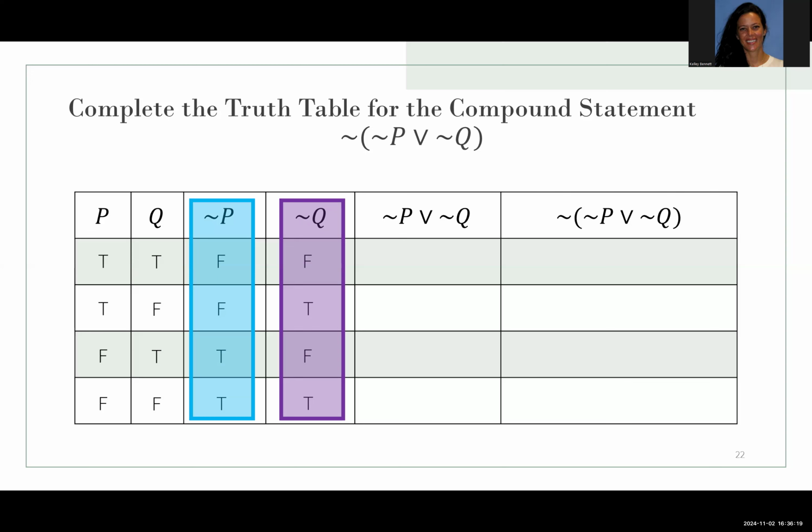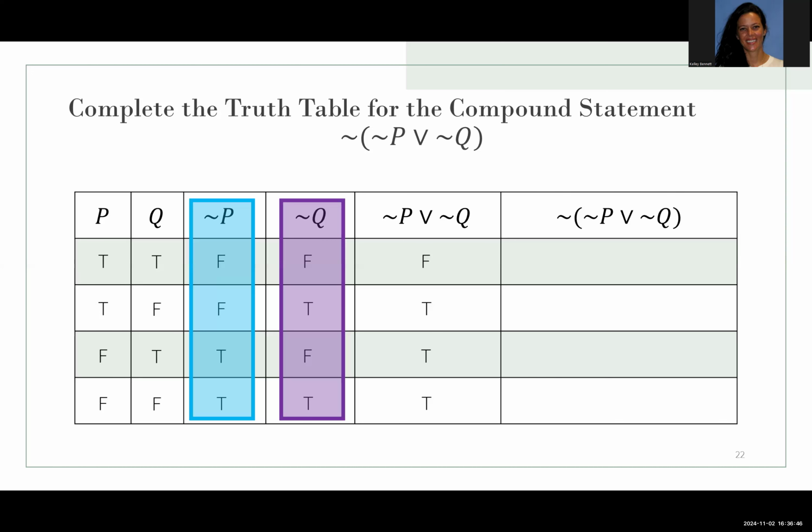Do I have a true in here somewhere? I do not have a true. No truth there. But in the second, false, true, yeah, I have a true. Not Q is true. So I'm good. I'm covered here. And then the third row, I have a true with not P. So I'm good there. And then in the last row, they're both true. So that's my truth value for not P or not Q.